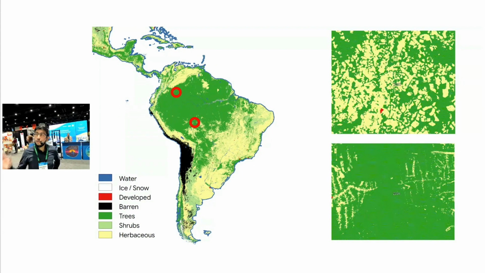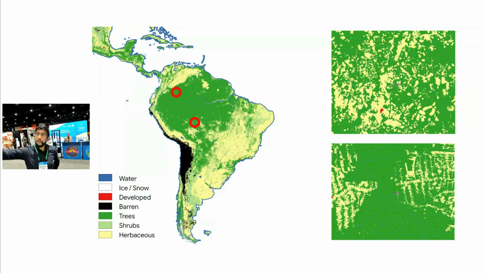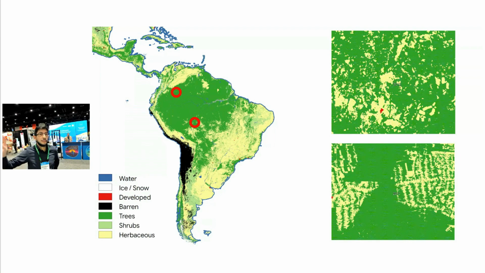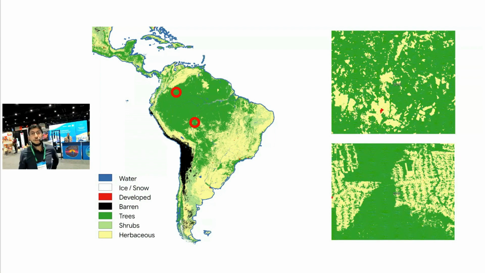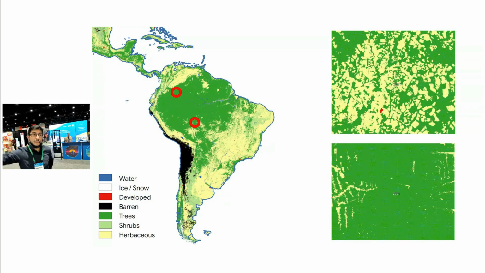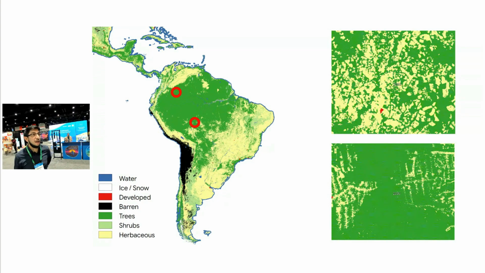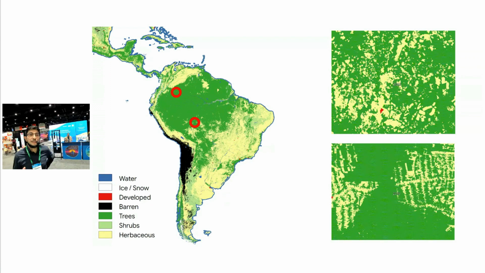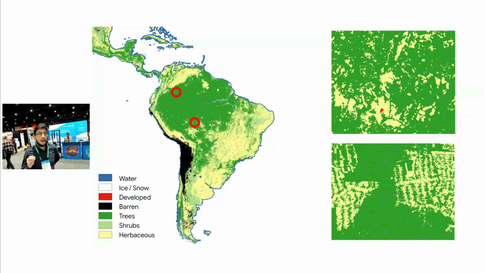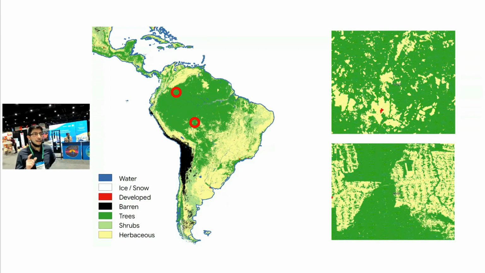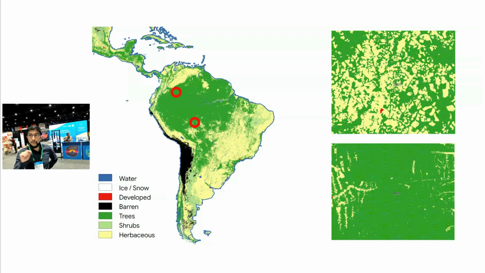Some other places that are more challenging are especially all the woodlands in Brazil, where we still need to improve our classification. And places on the Pacific coast, cities like Lima and other places that are located in very, very dry places, can be challenging to map properly.